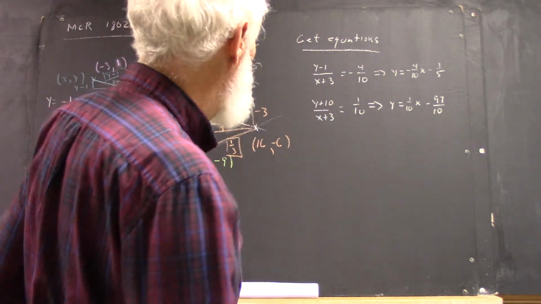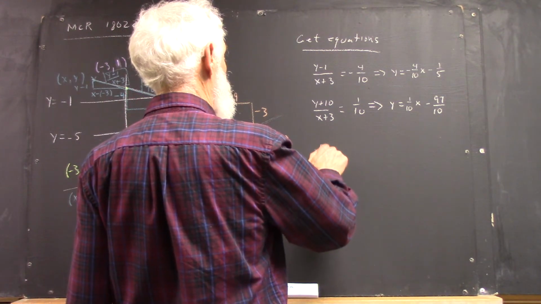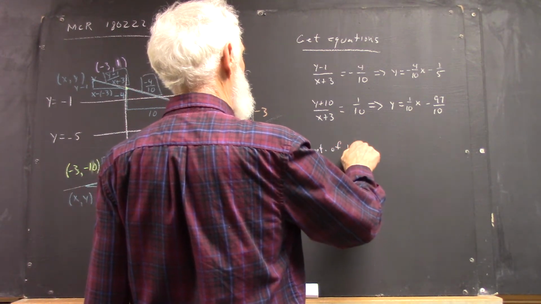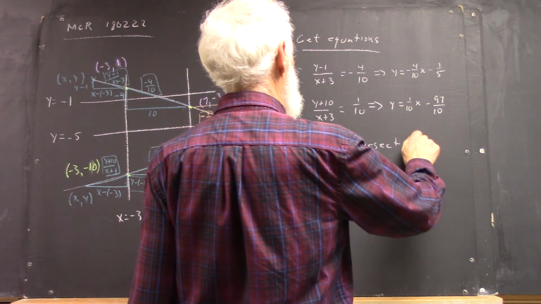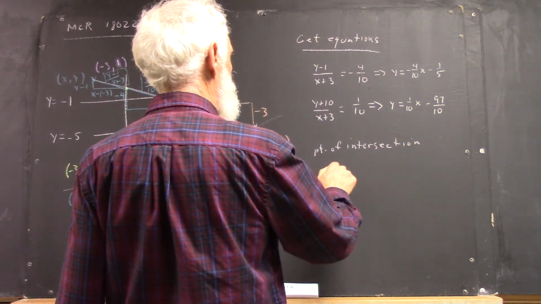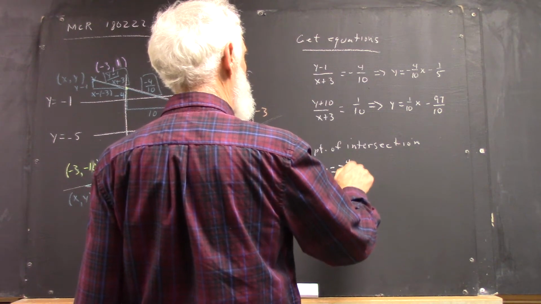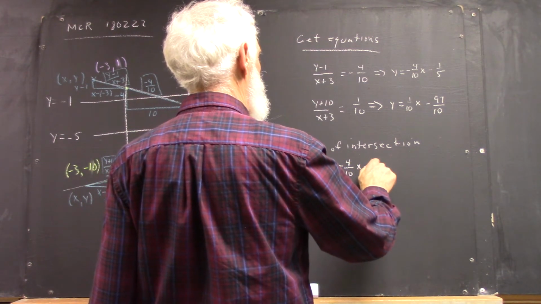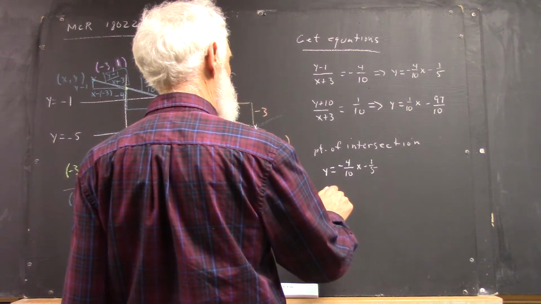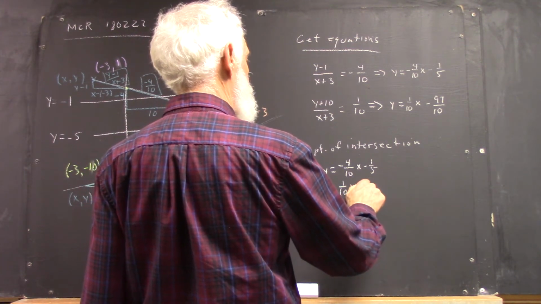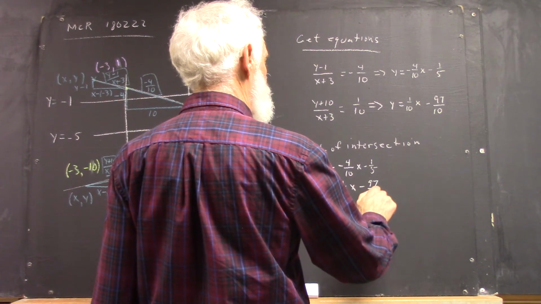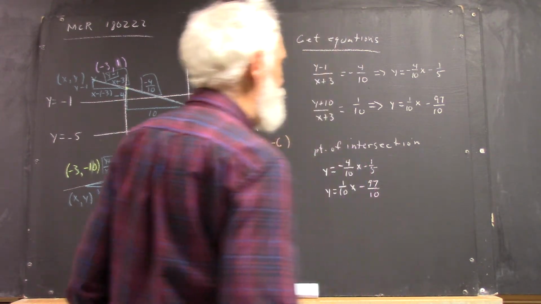Now, what should my point of intersection be? There are two things I can do, okay? Write down my two equations and ask what I can eliminate.